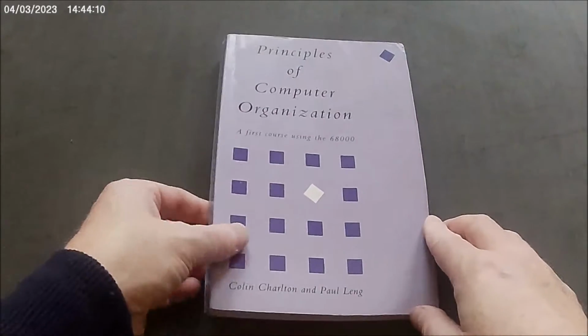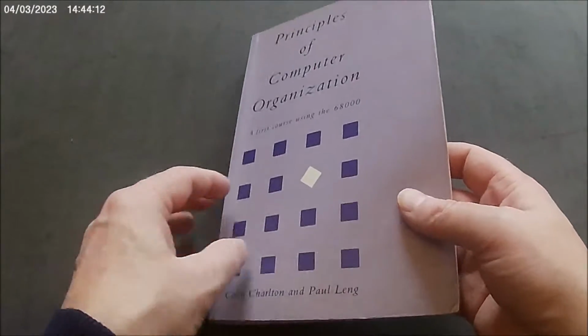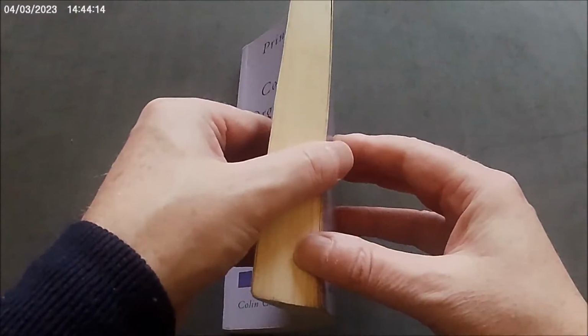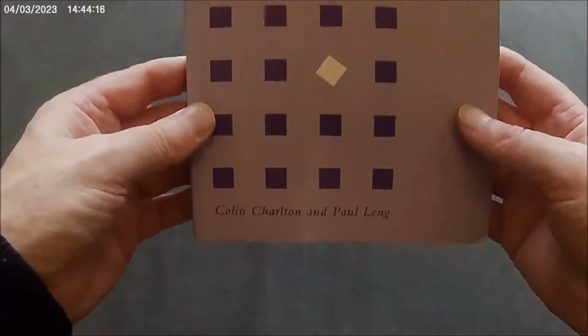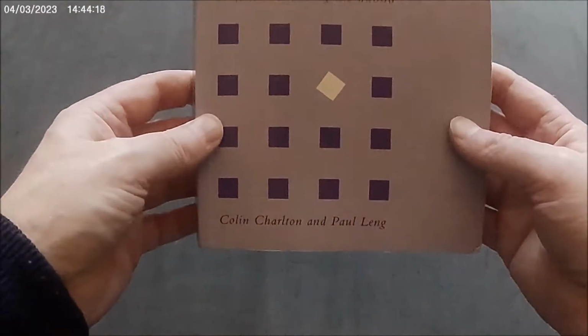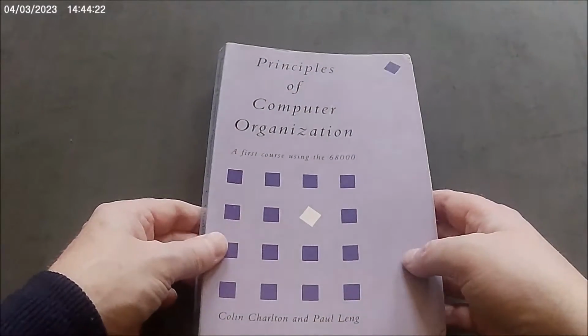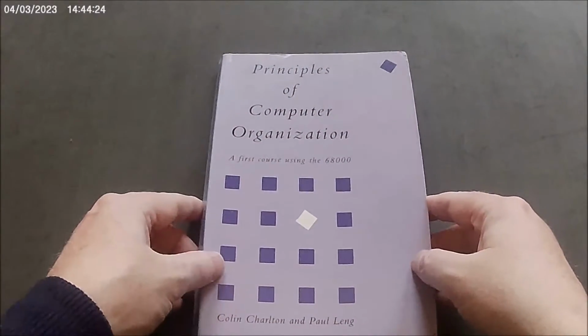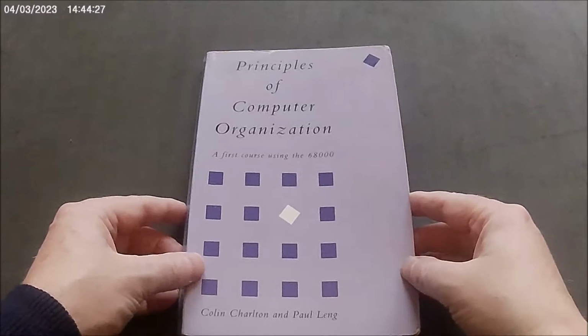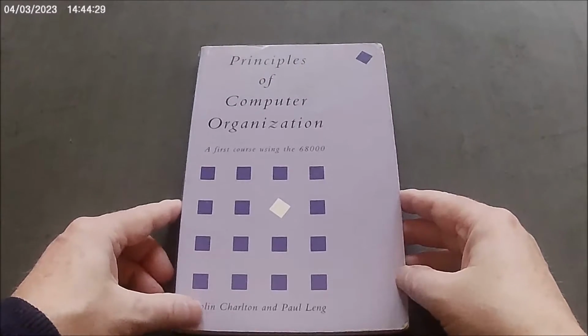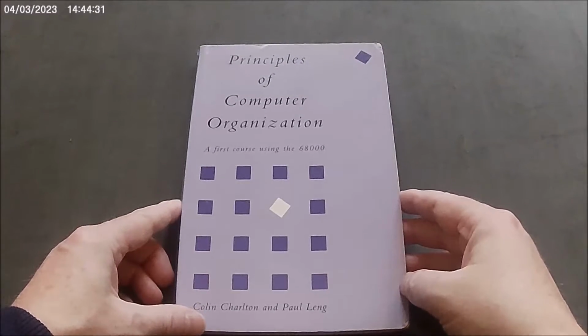Now, this is an older book. I think it was 1991 or 1992 that I got this. And it focuses on assembly language, and it uses its own machine called Papyrus in order to describe a generic type of assembly language.